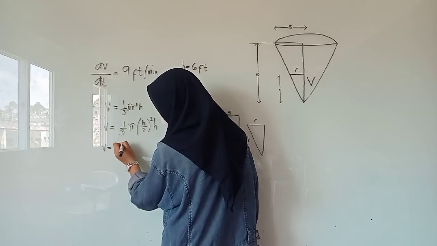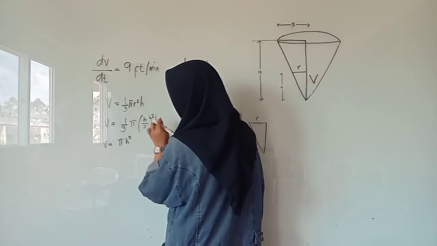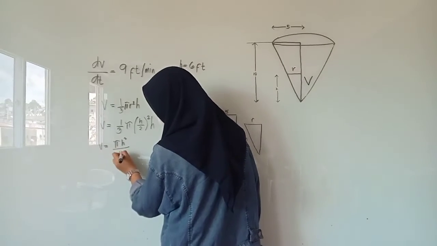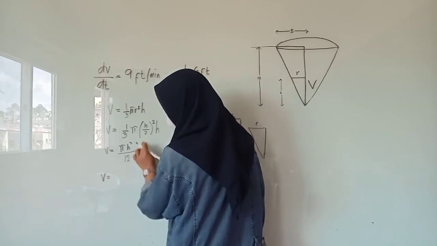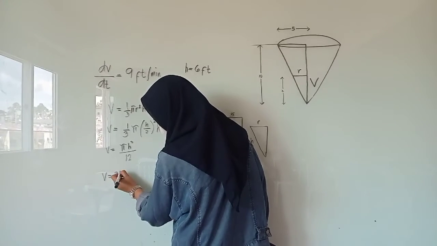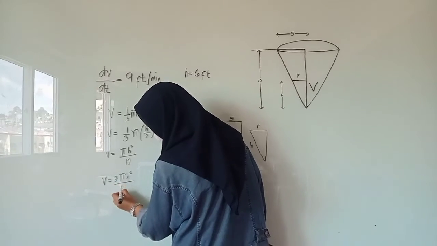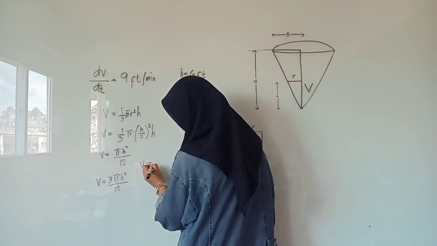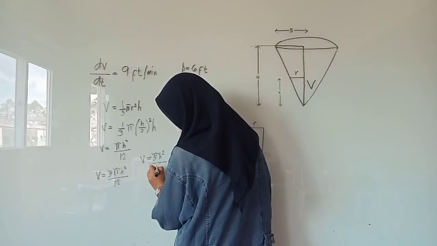So pi h squared times the height is equal to h cubed, over 12. So V is equal to pi h cubed over 12. Deriving, the exponent comes down: 3 pi h squared divided by 12. So cancel, and V is equal to pi h squared over 4.